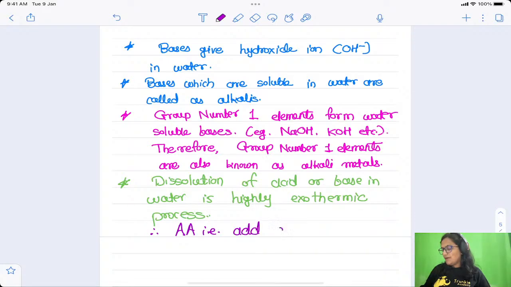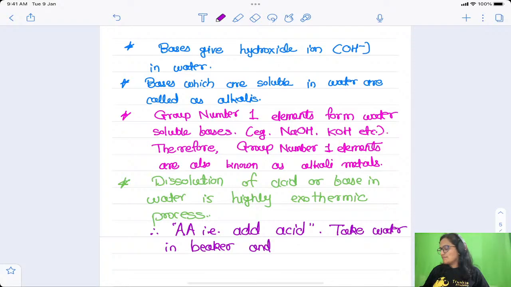Take water in a container or beaker, and then add acid drop by drop or very slowly.